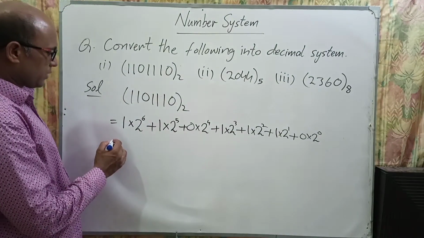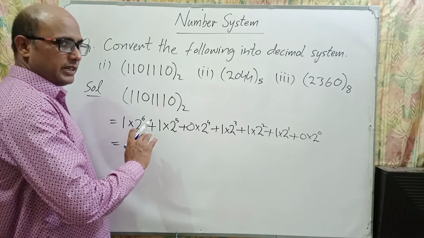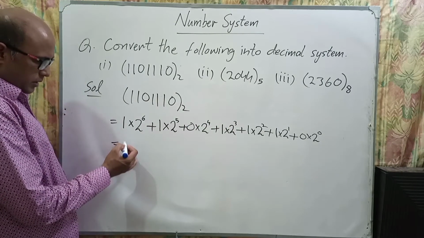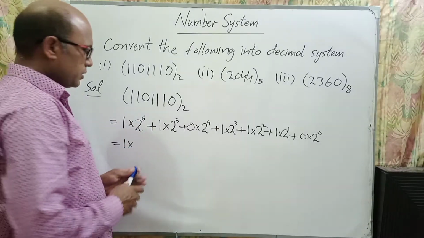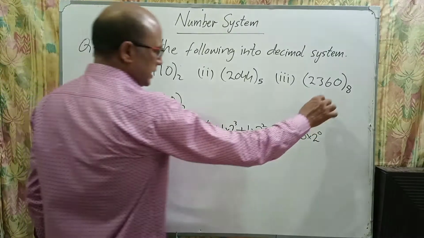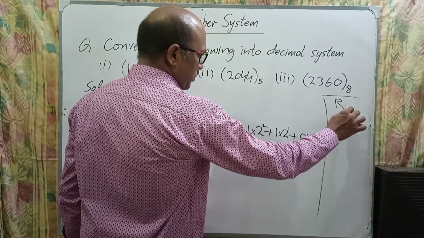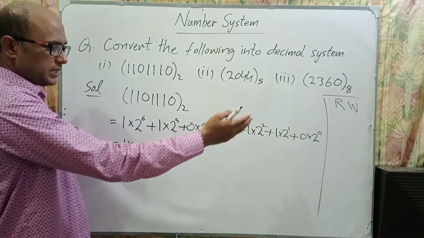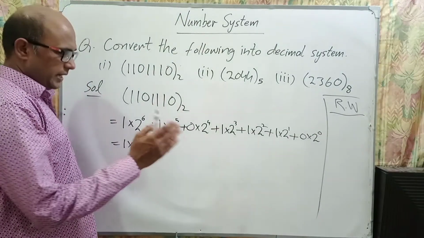So let's calculate them. We'll multiply and add all these numbers. First of all, 1 multiplied by 2 power 6. You can do all the calculations in the rough work. Draw a separating line on the right hand side of the page and you can do your working there.